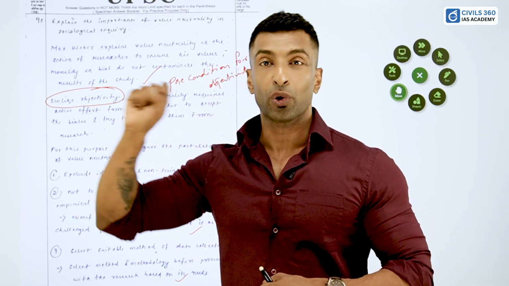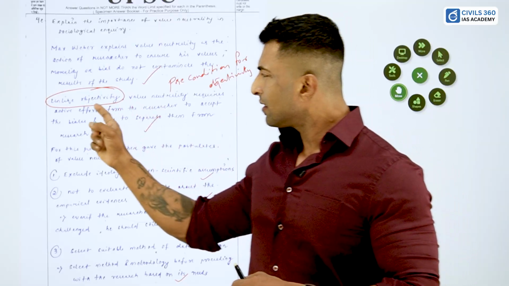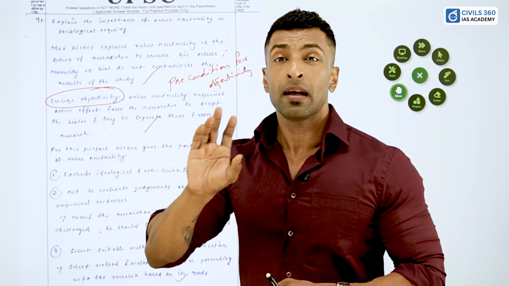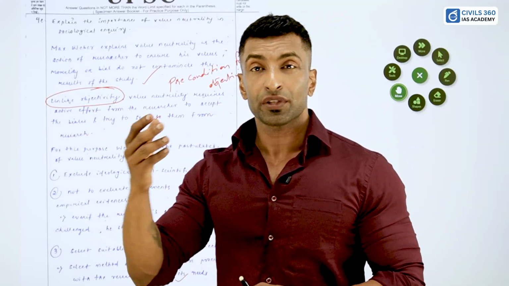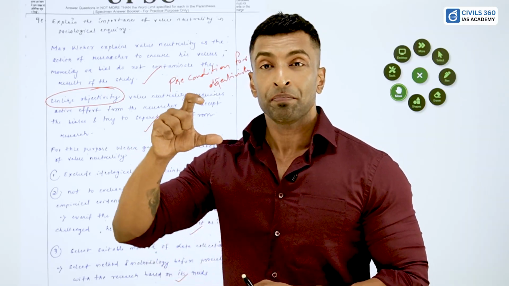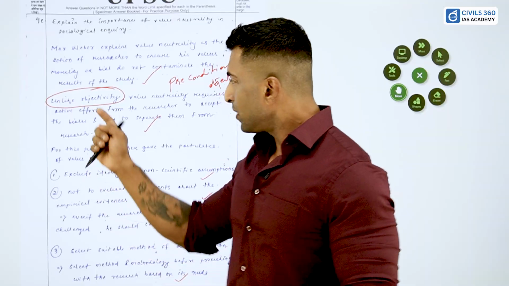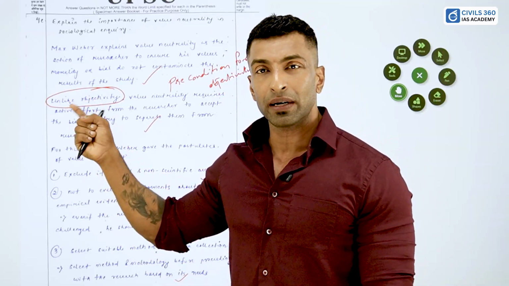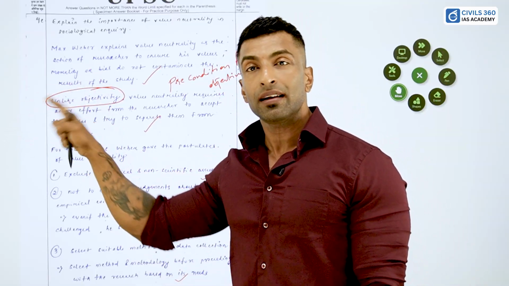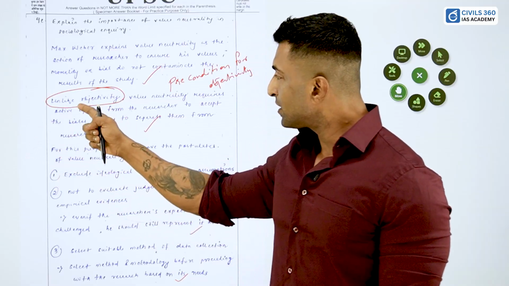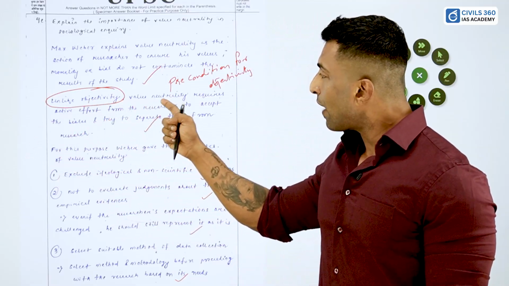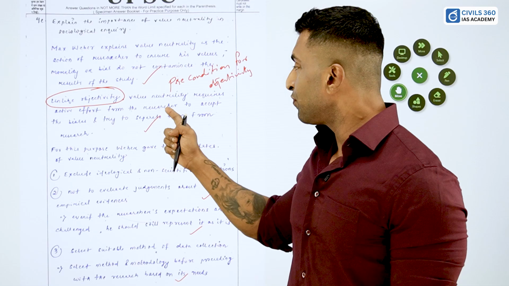This is the core. Now here, one mistake that the student made is something many students do, but it's actually because of some conceptual understanding issues. So here he actually knows this, but when he has written it, the meaning conveyed is different. Here it is mentioned that unlike objectivity, value neutrality requires active effort.